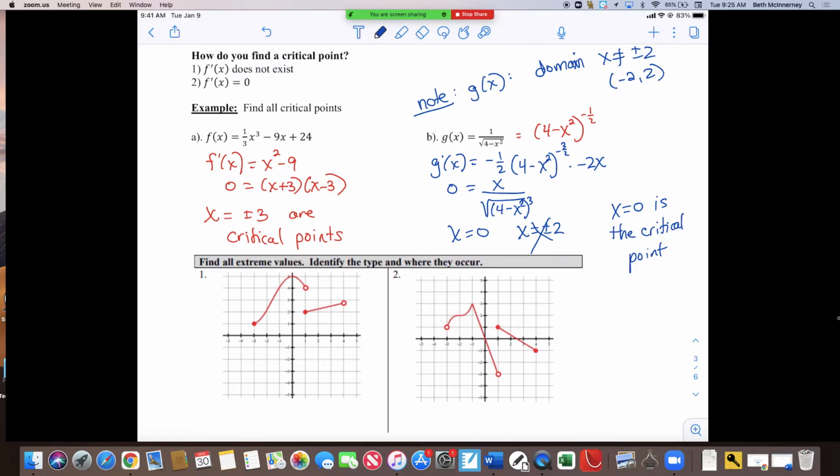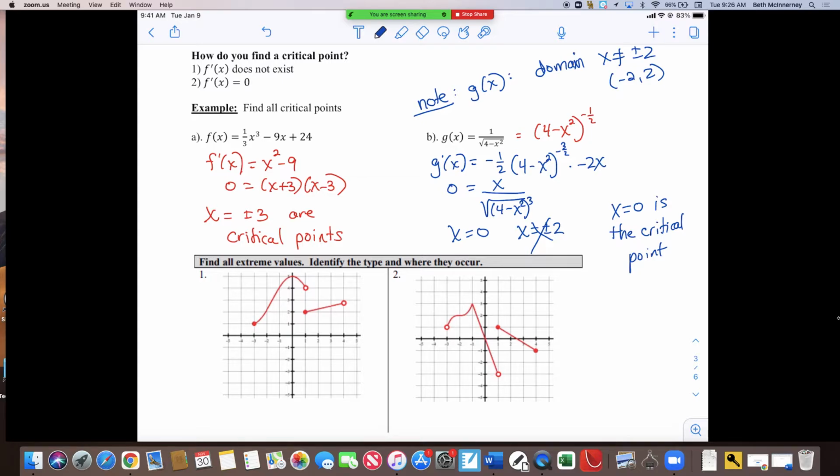So be careful with this. All right, questions on finding critical points or critical numbers? They're the same thing. So find the derivative, set it equal to 0, find where the derivative is 0 or undefined. Be careful to check the domain of the original function.